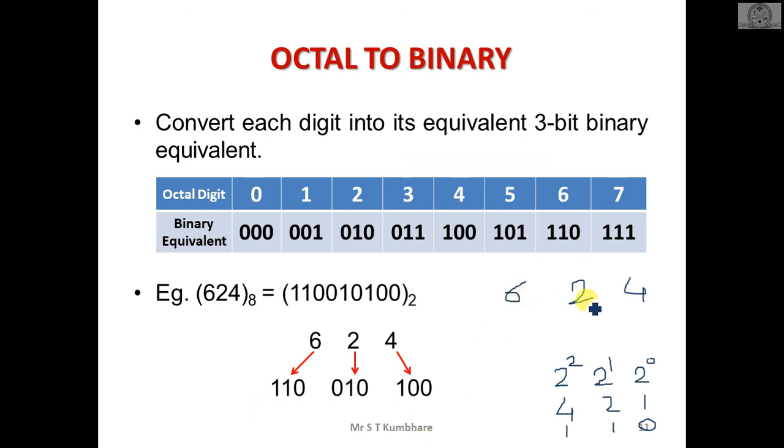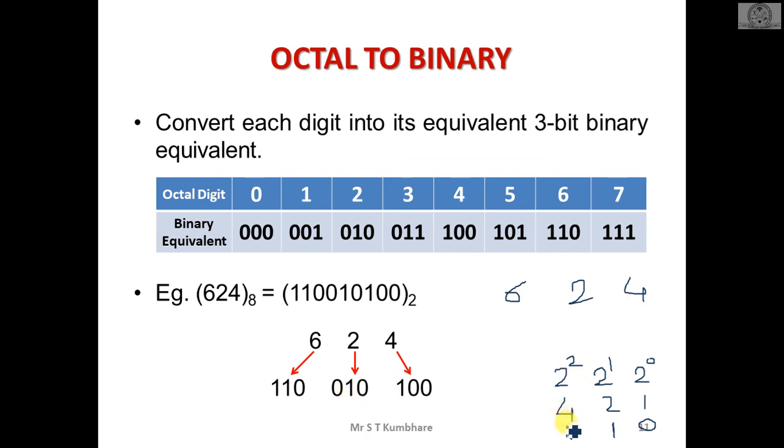Suppose I want 2. Here it is 2, so I will make this 1, and this should be 0 and this should be 0, because if I make any of these 1, it will get added and will not give us 2. So this is 1 and the remaining bits are 0. So 2 will be 0, 1, 0.